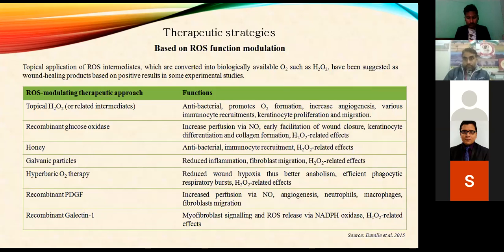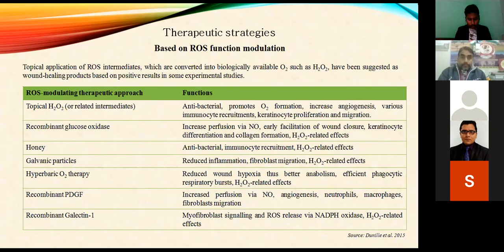According to this, there are three therapeutic strategies for wound healing. First, based on ROS function modulation, the topical application of ROS intermediates converted into biologically available molecular oxygen, such as hydrogen peroxide, has been suggested as a better wound healing product based on positive results in some experimental studies.